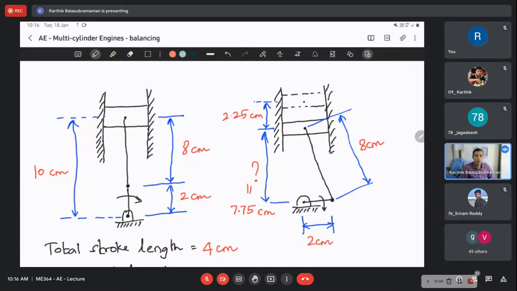Okay. Now, let's say the piston moves down. During power stroke, the piston moves down, right? When the piston moves down, let's say this crank throw becomes horizontal. By what amount the piston would have moved down?